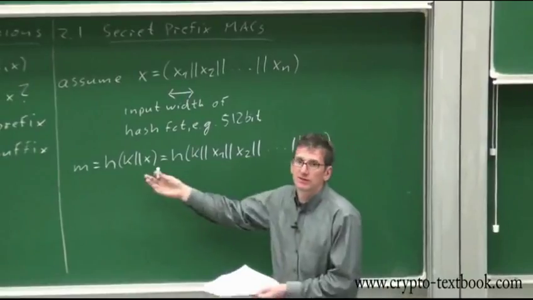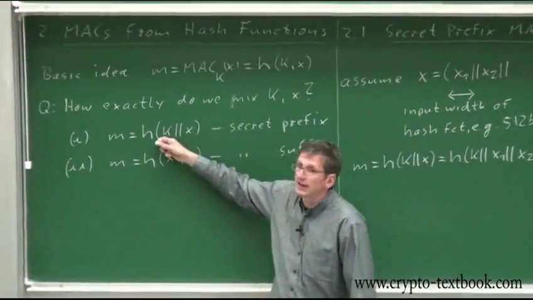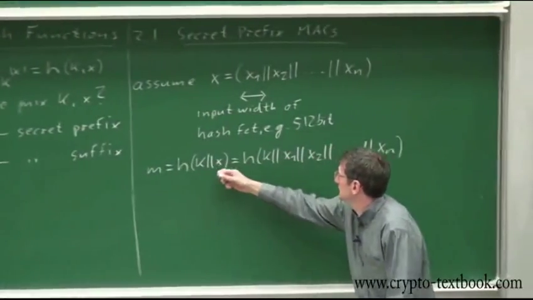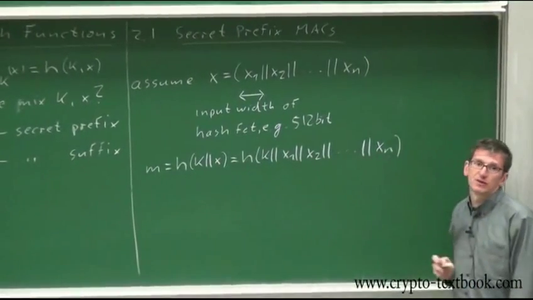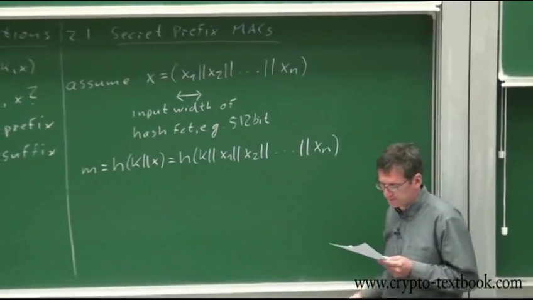This is really what I'm trying to say here. If we write this, first K followed by X, it's on a more low level. This is what we're doing because X itself consists of multiple blocks in general.